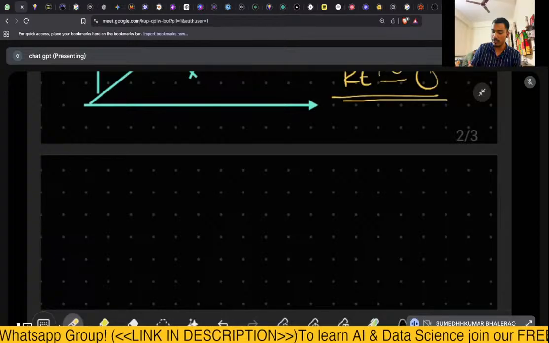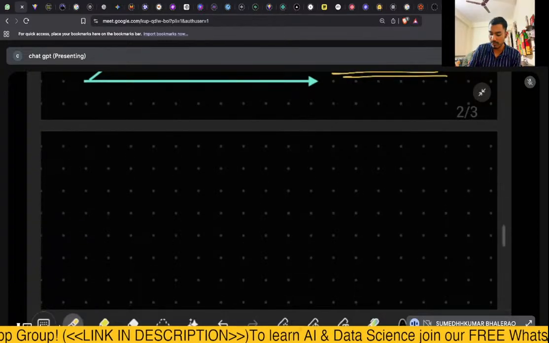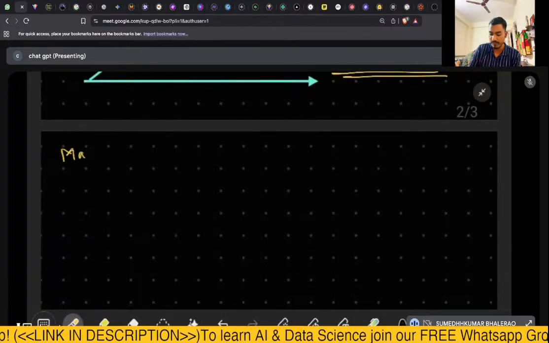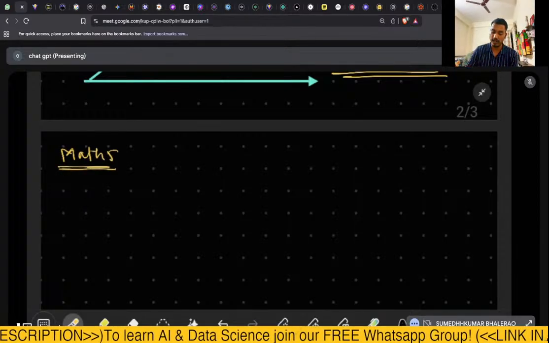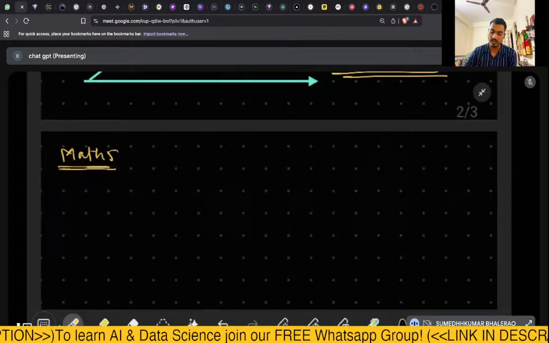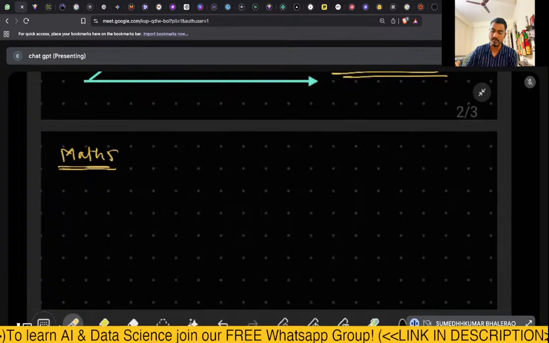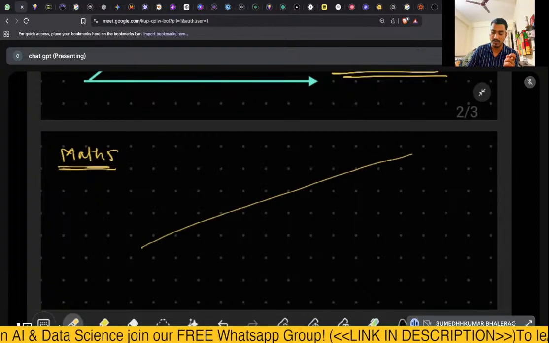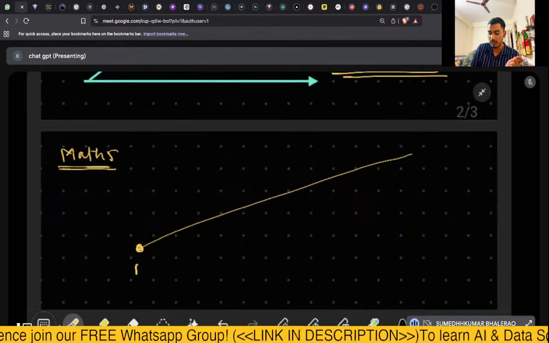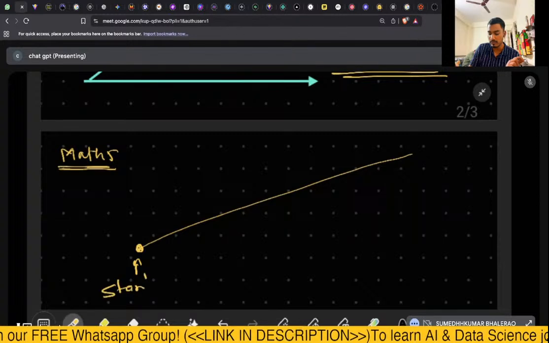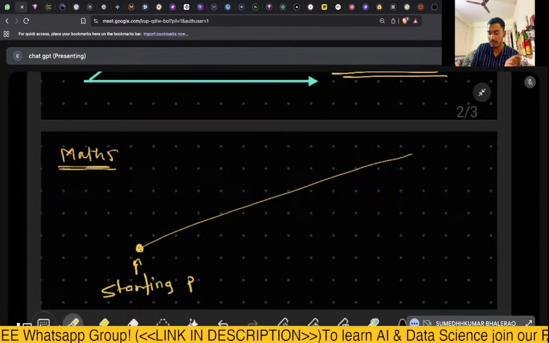So in maths, for example, to draw a line, if I draw a line like this, it has some starting point, right? We need a starting point.